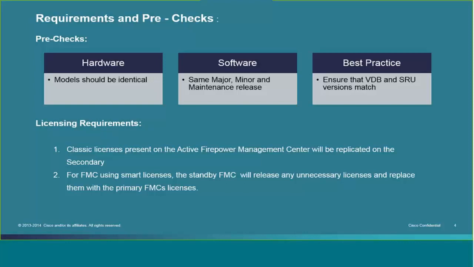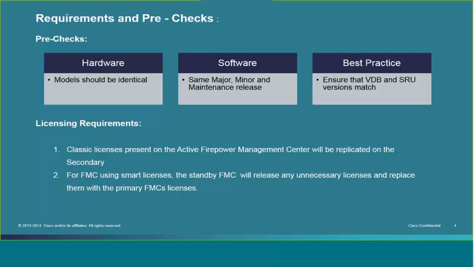So while talking about licensing, there can be two different mechanisms or methodologies that can be followed. One is the classic licenses and the next one is the smart license. While using smart licenses on 5.4 series, we would have added the separate individual licenses for all the devices on both the active and the standby FMC before proceeding to set up the HA.